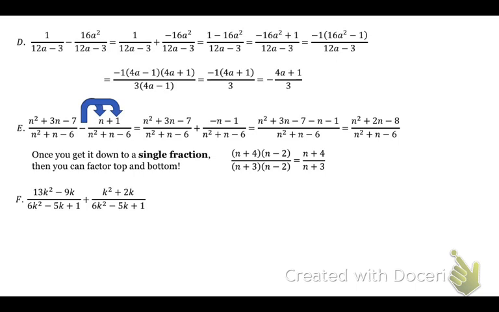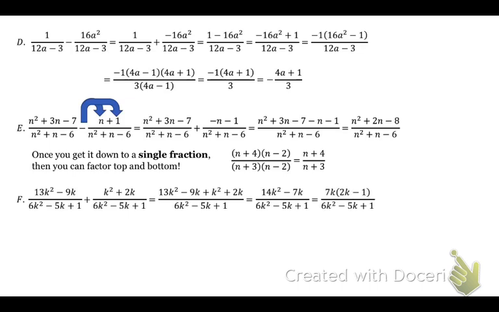Let's do this one. We have the same bottom. Let's just combine on the top. You get 14k squared minus 7k over 6k squared minus 5k plus 1. The top is easy to factor. Just factor out the 7k. So you get 7k, 2k minus 1. The bottom, you have to use slip and slide. So that's going to be k squared minus 5k plus 6.